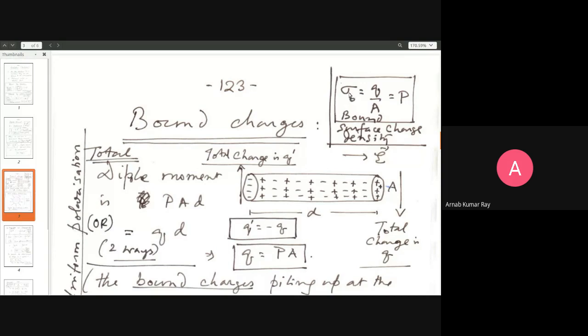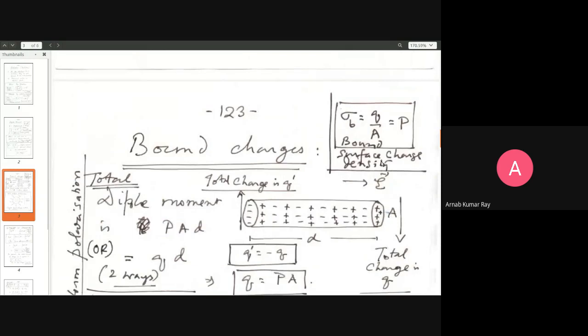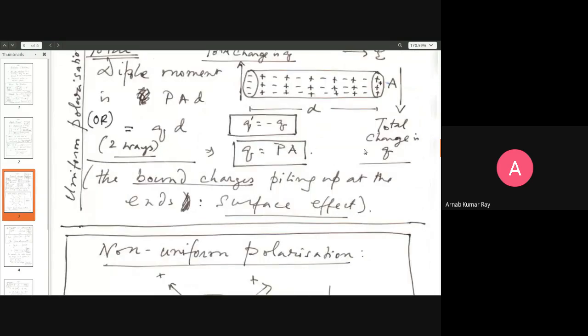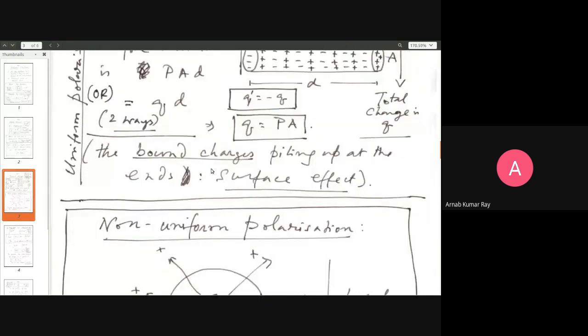So bound surface charge density is magnitude-wise equal to the magnitude of the polarization vector. Q divided by, so total amount of charge gathered at this end divided by the total area will be Q by A, and that is the bound surface charge density, and that is equal to P. Okay, so that's the bound surface charge density.